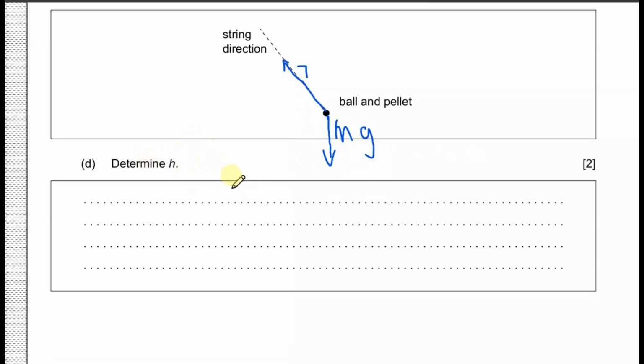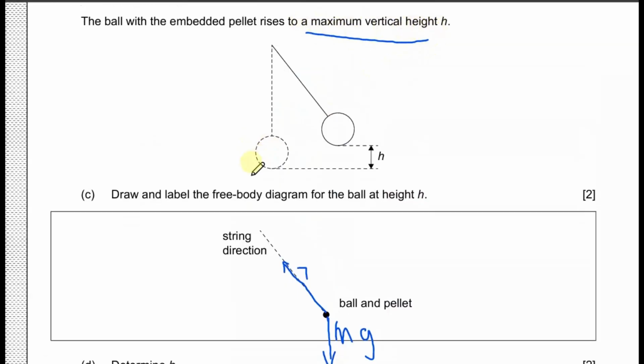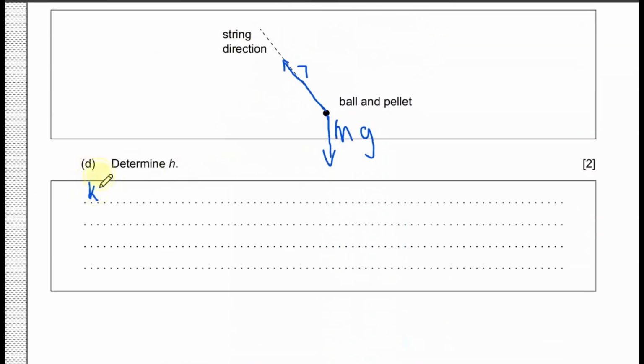So D is determine h. In this case, because it reaches the maximum vertical height h, that means the kinetic energy will all become gravitational potential energy.